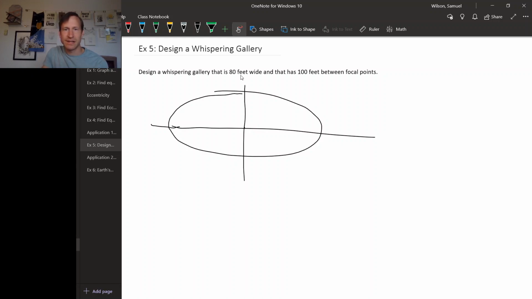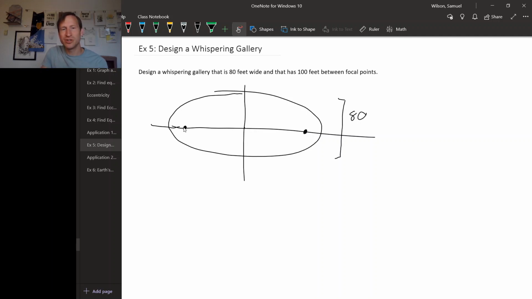So we want this to be 80 feet wide, so that must mean this direction. Right? It can't be the left-right direction because then the major axis would be less than the focal radius, and that doesn't make any sense for an ellipse. So this vertical distance is 80 feet, and we want 100 feet between focal points. So let's put some focal points in here.